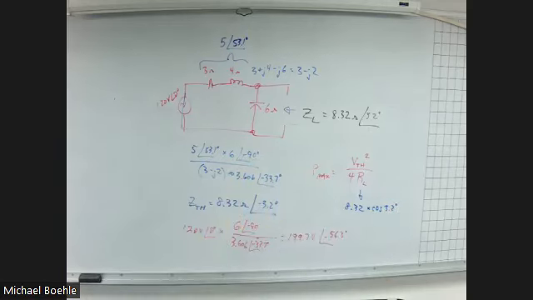So we take our 199.7 volts, square that, and then divide by 8.32 and the cosine of 3.2 degrees, which is 0.998. Yeah, close enough. I get basically 4,800 watts, 4.8 kilowatts.